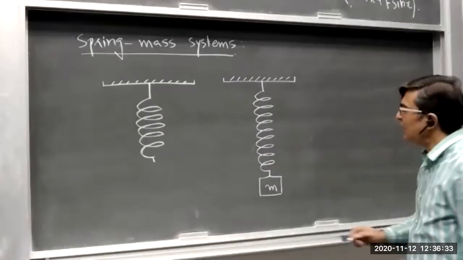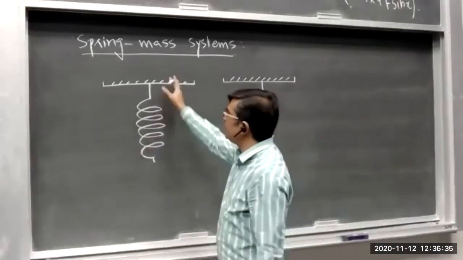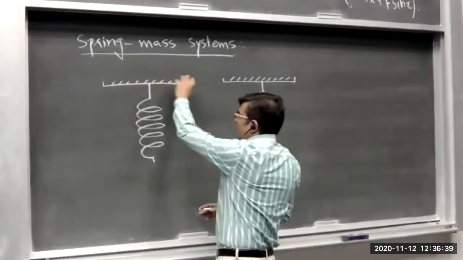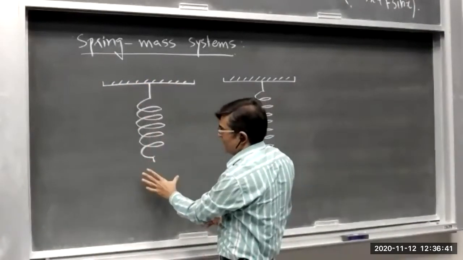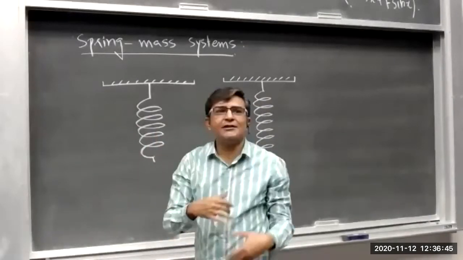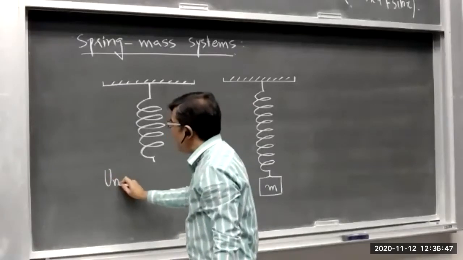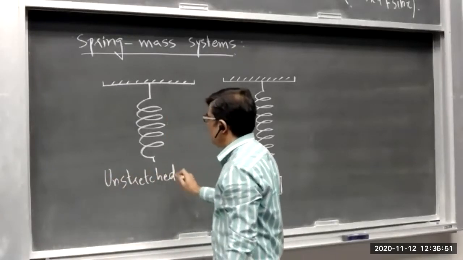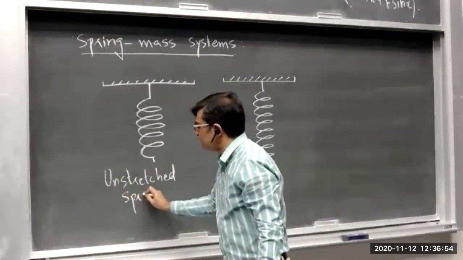This is basically an unstretched spring. It is only hanging. Its one end is attached to the wall, and the other end is free. This is the original, unstretched spring.